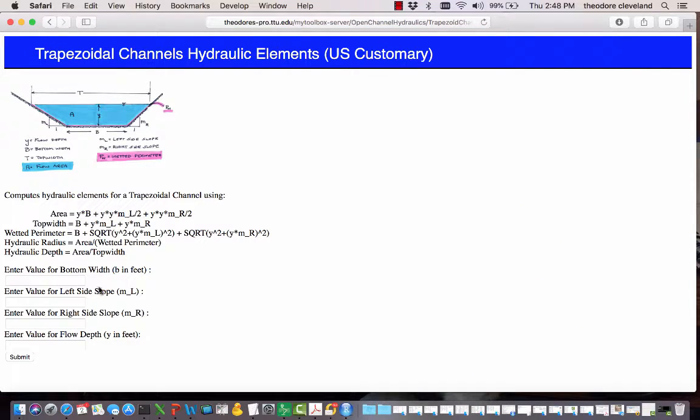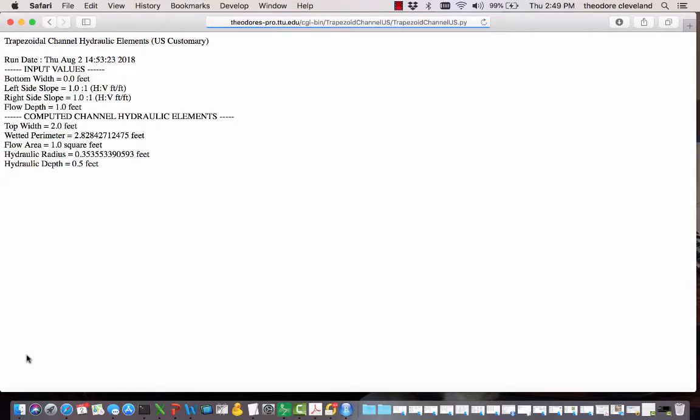Now, even though this says feet, it actually doesn't matter. It's any length unit. So our bottom width is 0. Our side slope is 1. Our other side slope is 1. Our flow depth is 1. We hit submit, and what we're going to need is the wetted perimeter. So 2 root 2 should be 2.82 feet.